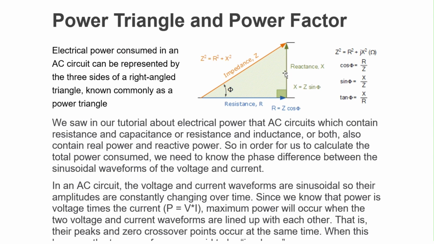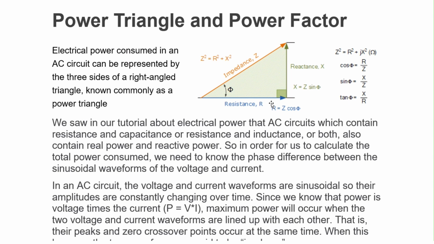So net reactance of the circuit depends on the inductive reactance and the capacitive reactance. The reactance is the sum of these two reactances, or the differences of these two reactances, because one of the reactance is negative. Summing them actually brings the difference of these two reactances.